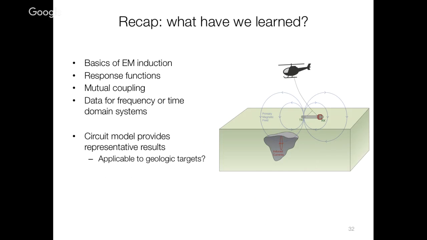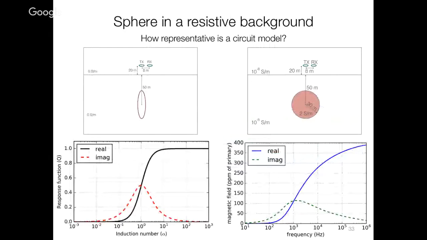It looks great. Is it actually applicable for geologic targets? So we check. This one is getting closer to an airborne system. Here's the Earth, with the transmitter 20 meters above, and a receiver offset a few meters, 8 meters. Here's the response from my circuit model.